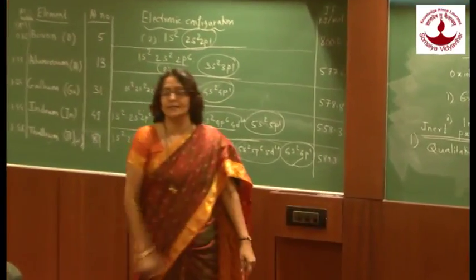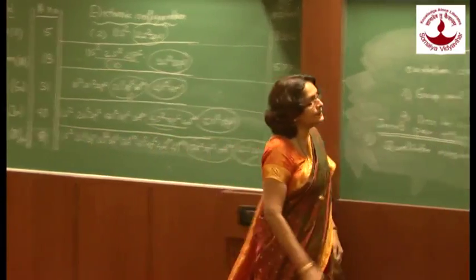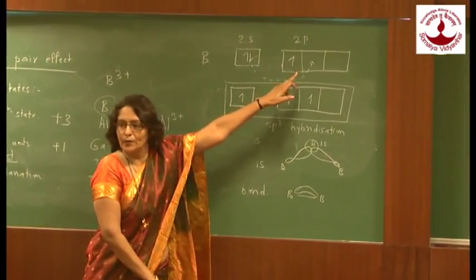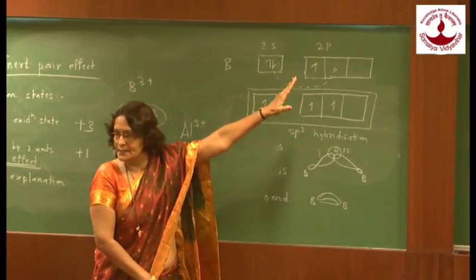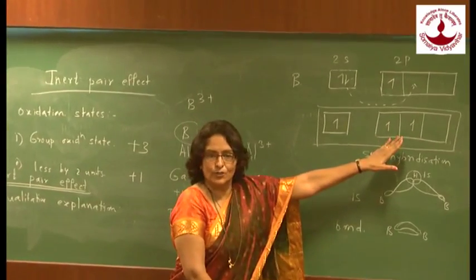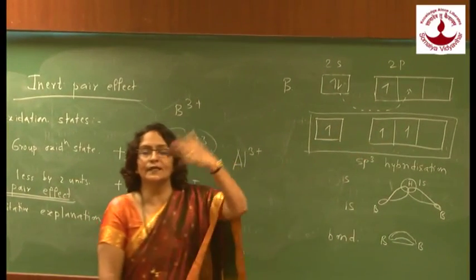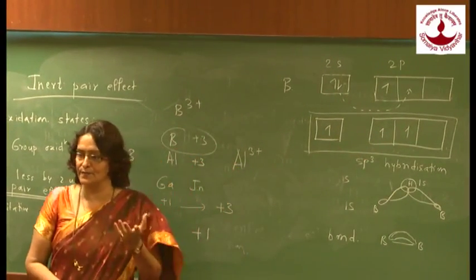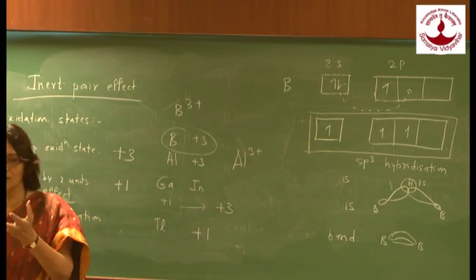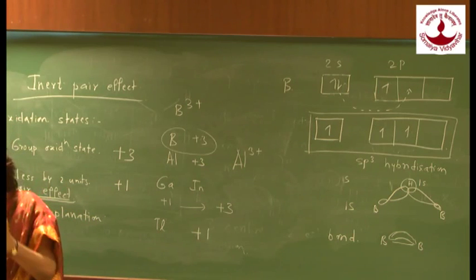Now what is another explanation? Now let us see here, one electron can be promoted to one of the p subshells, and then you have these electrons here. Now they can immediately form bonds with other atoms, and during this energy is released, which is the bonding energy.